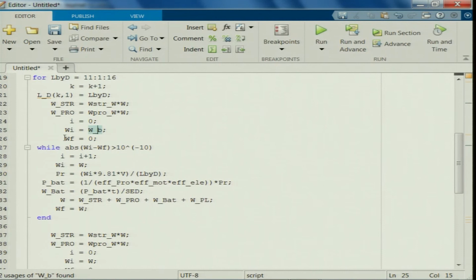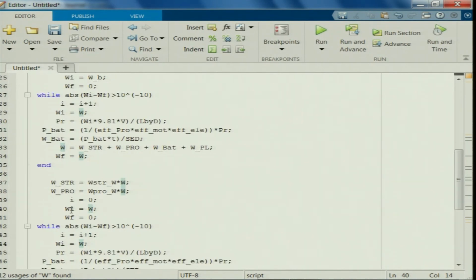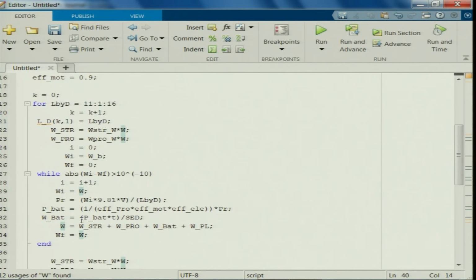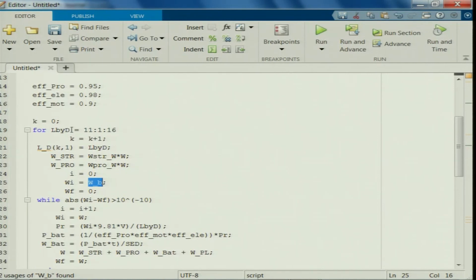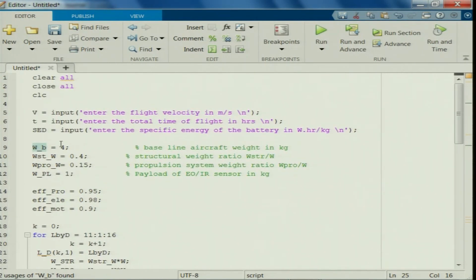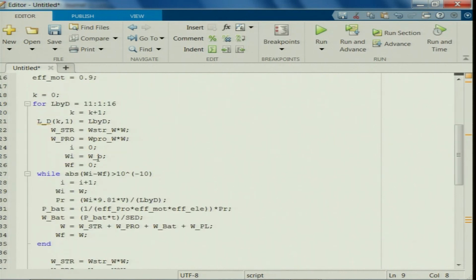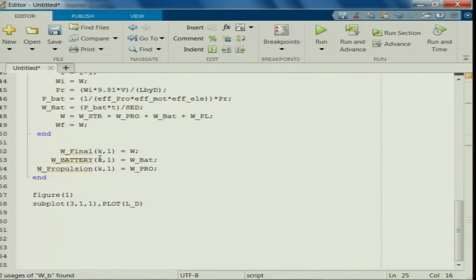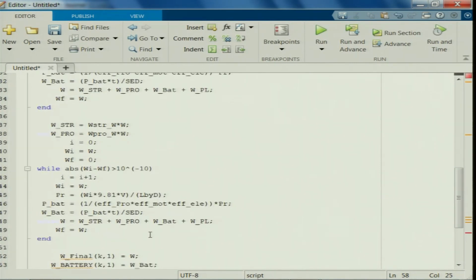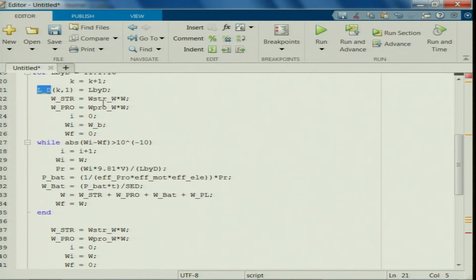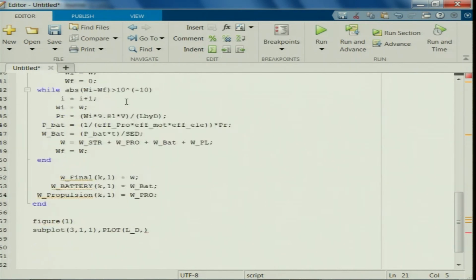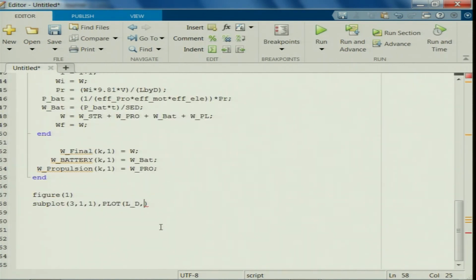So, from here once you get W, that will automatically be changed here, right. Let us assume for the initial iteration, for different L by D you have to start with the same baseline aircraft, right. So, let it be W underscore B, otherwise it will be upgraded with the new weight every time. L by D, and where is this L by D here, it is a column vector L by D, yeah, with L by D how this W underscore final weight is changing.